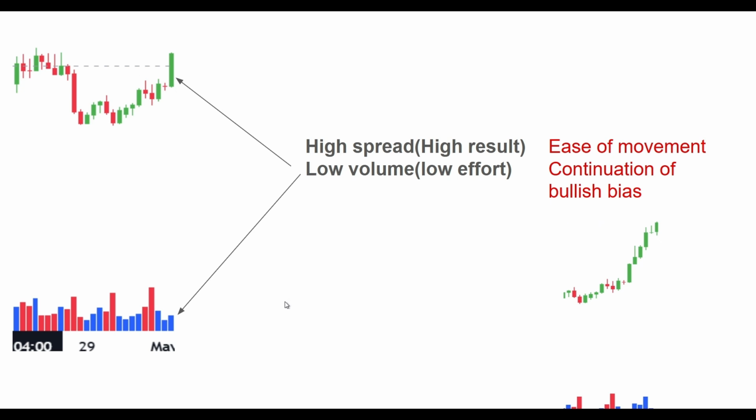We have also talked about the ease of movement. When the spread is too big and the volume is so low, that means the effort that is required to produce a high result is too low. That is an ease of movement, and it means a continuation of a bullish bias.